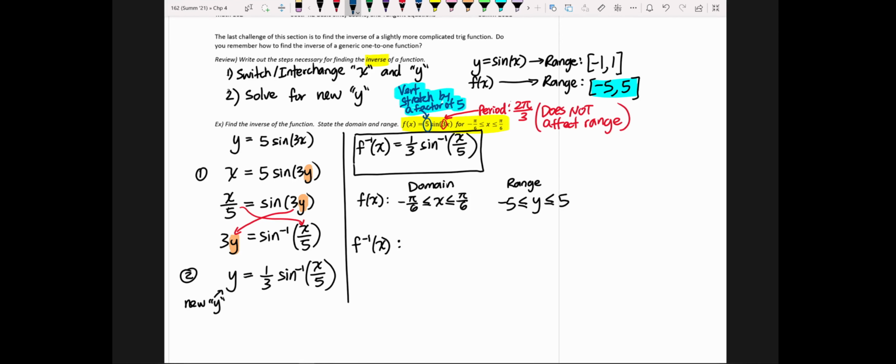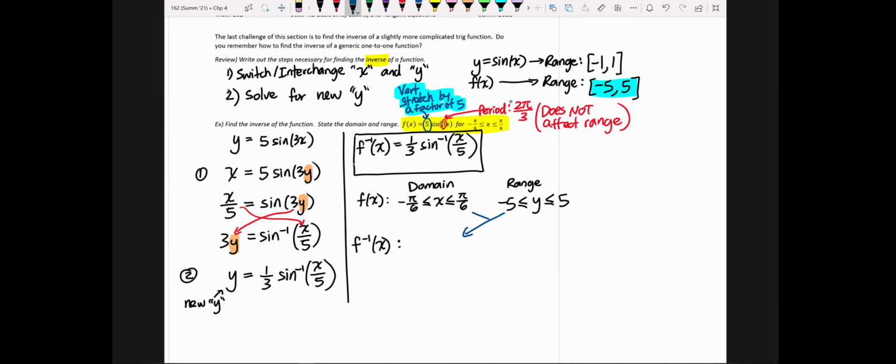We just have to do 2 pi over b, and in this case, isn't b 1 over 5? And no, the 2 pi over b is to get the period. The b value is 3. So 2 pi over 3 gives us the period of our function. But remember, the theme for inverse is inputs and outputs switch. So if the inputs and outputs switch, that means the domain and range also switch when you go from f to f inverse.